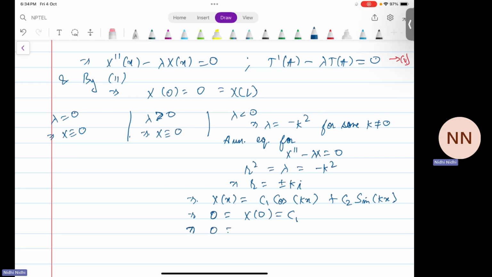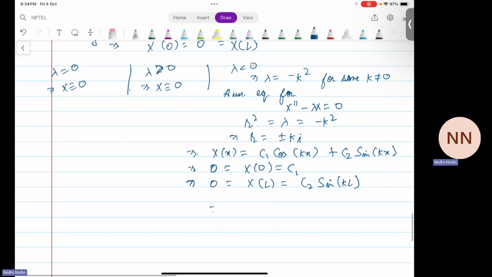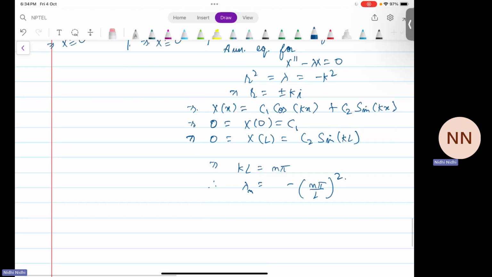This implies 0 equals to X(L), which is equal to c2 sin kL, and this will imply that kL equals to n pi. Therefore, lambda equals to minus (n pi by L) whole square. All these are just repetition of what we did in the previous question. So since this lambda is depending on n, I'll write it as lambda n, and the corresponding Xn is cn sin (n pi by L) x.